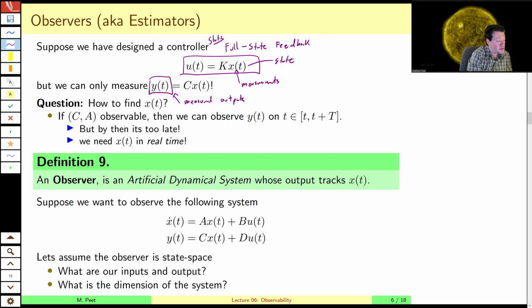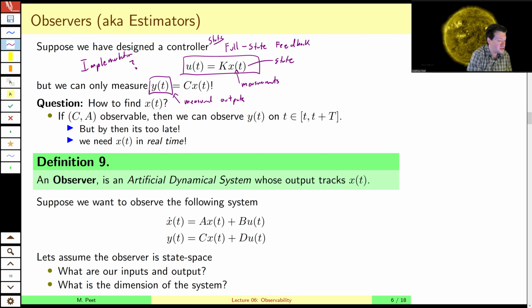And what we really have available are the measurements, right? And so the question is, how are we going to implement this controller? So, question of implementation?